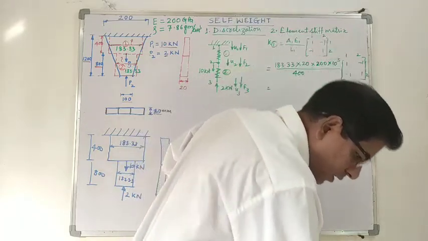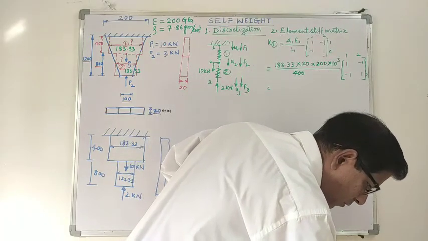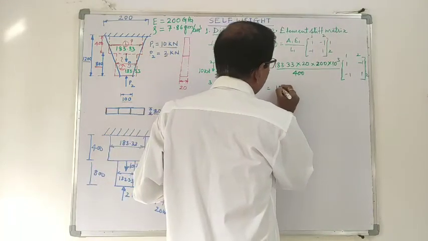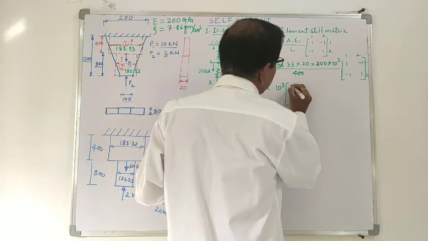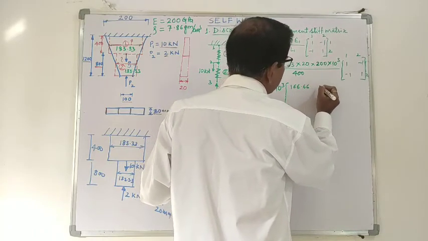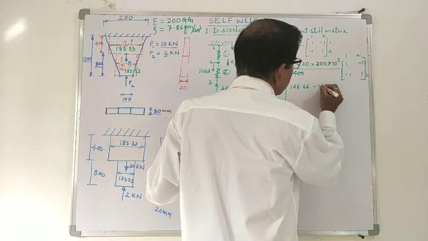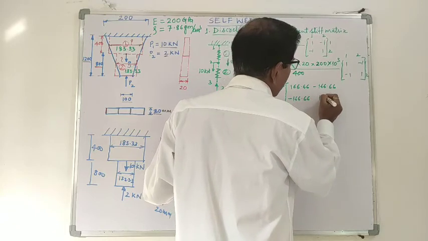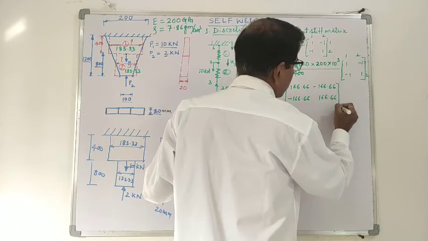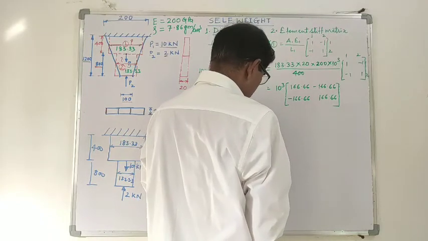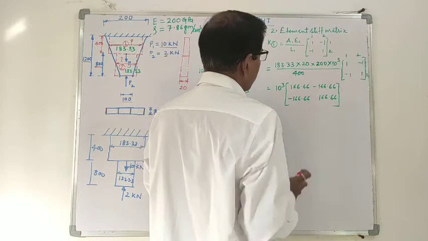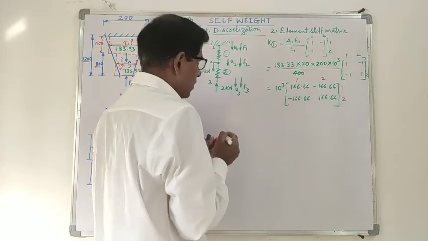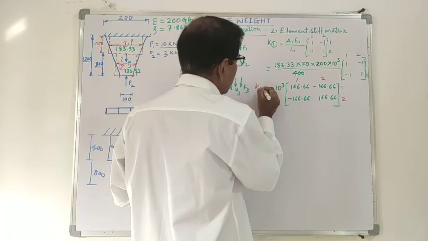And the answer of this expression comes out to be 10 to the power 3 outside the bracket, it is 166.66 minus 166.66 minus 166.66 166.66. This is for node number 1 2 1 2. Okay, and this is your K1.